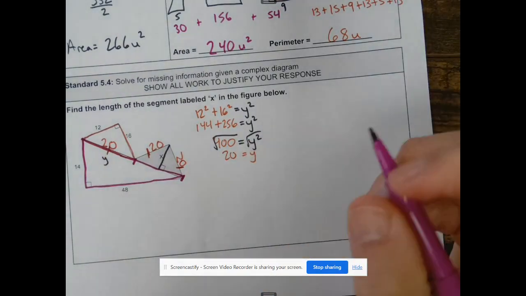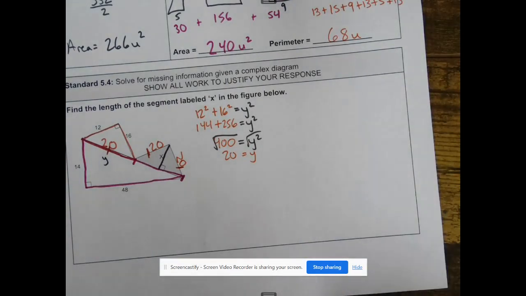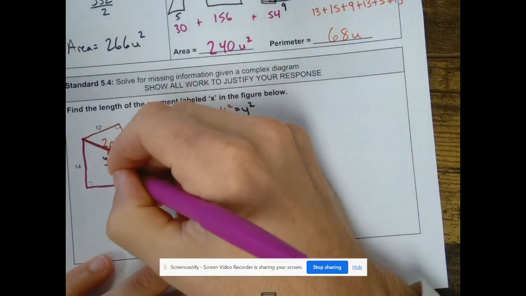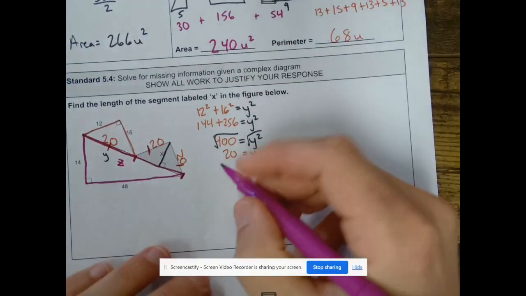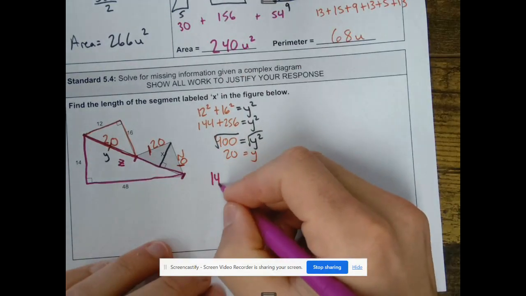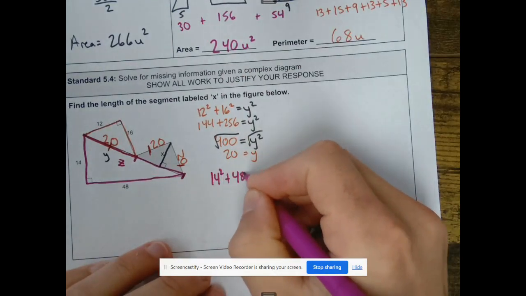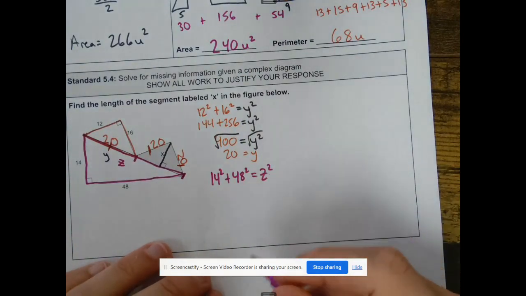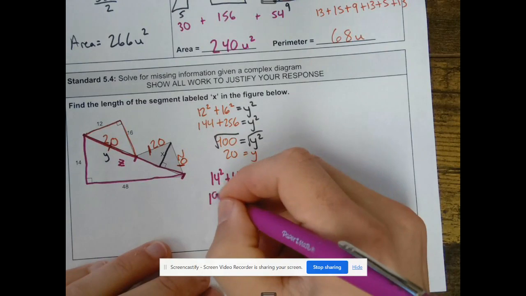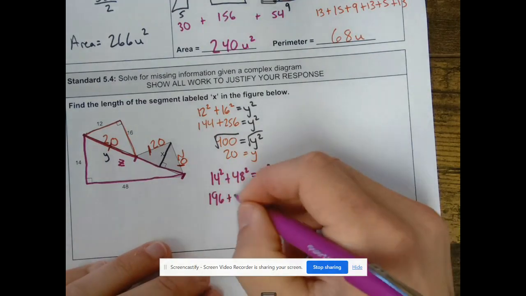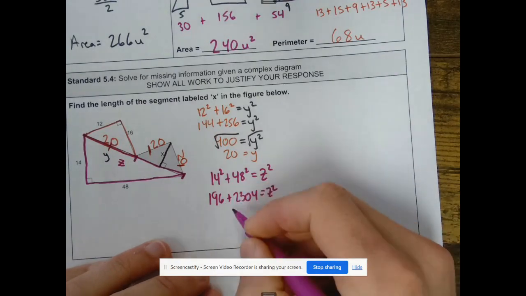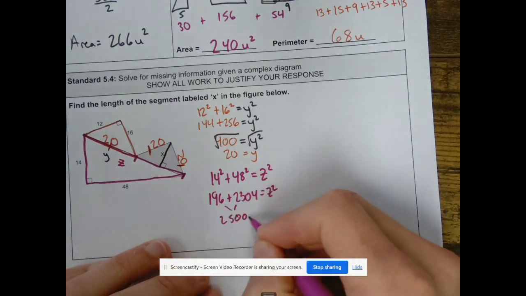All right, well, let's do Pythagorean theorem again. This time we'll call this part z. So we'll say leg squared, 14 squared, plus leg squared equals hypotenuse squared, z squared. Again, z is just a placeholder. 14 squared is 196. 48 squared is 2,304. Add those two together, you get 2,500.